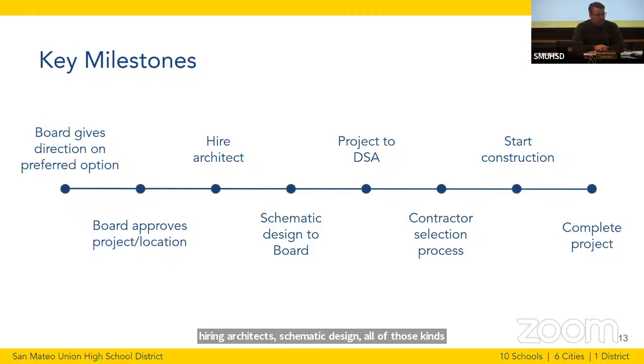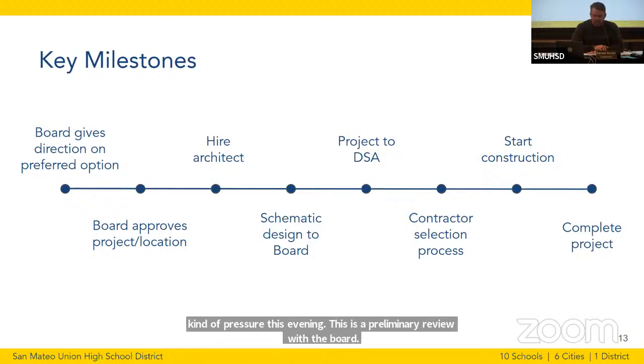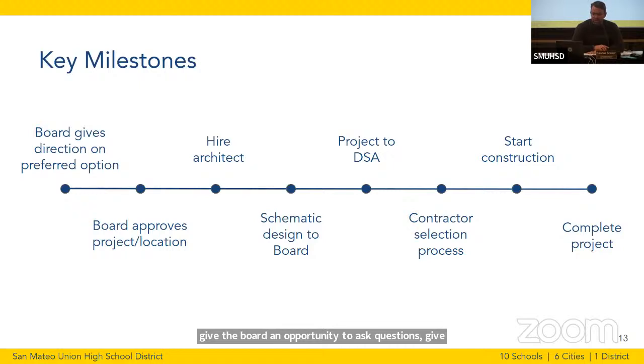So I don't want the board to feel any kind of pressure this evening. This is a preliminary review with the board, an opportunity to ask questions, and for us to research answers for you if you need them, and then come back in December.